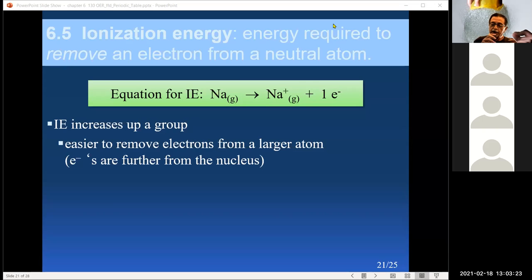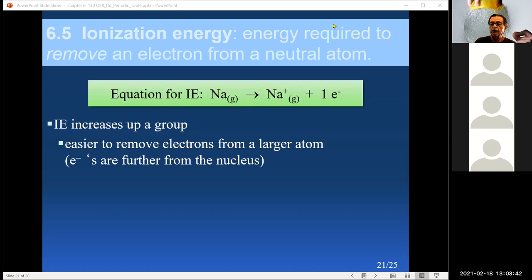When we want to compare the relative energy to a nonmetal, we can already start to deduce that for a metal, the amount of energy to remove an electron would be much less than for a nonmetal, because the nonmetals want to keep their electrons, they want to gain electrons.